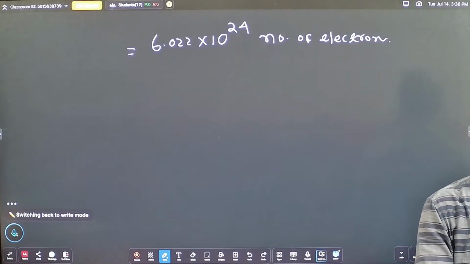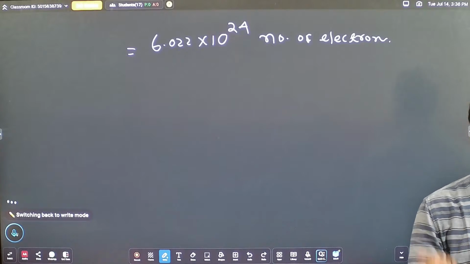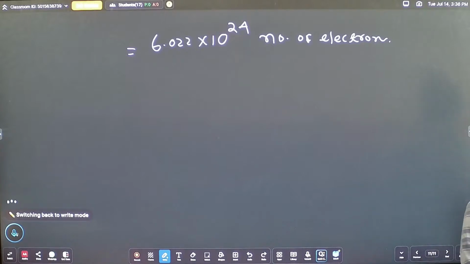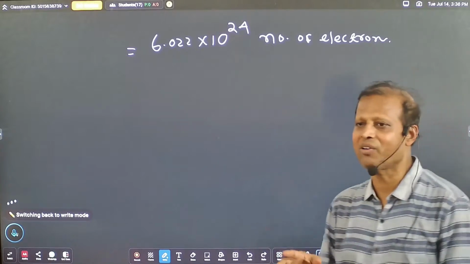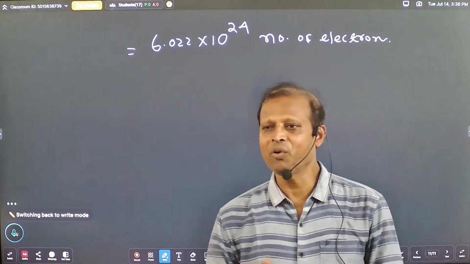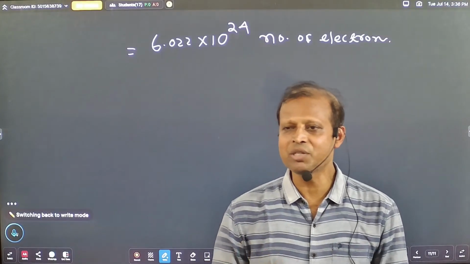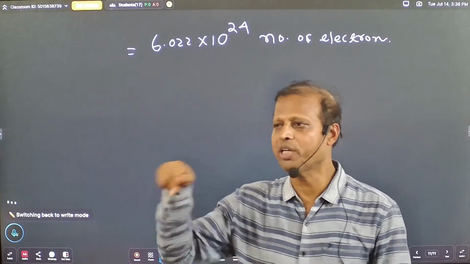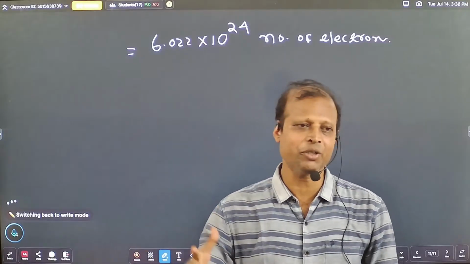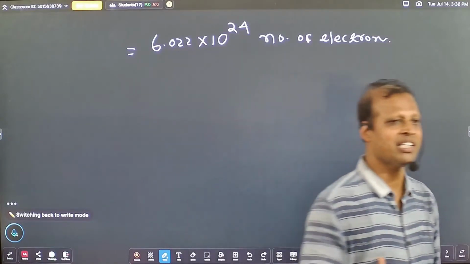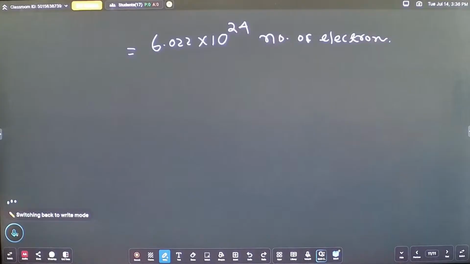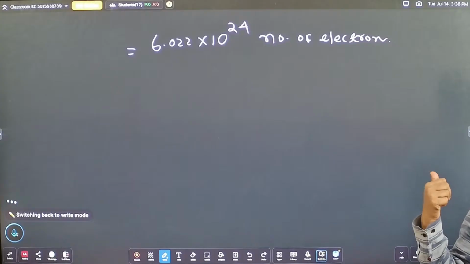So there are Na number of molecules and one molecule has 10 electrons, so the number of electrons present in 1 mole of methane equals Na into 10. That Na is 6.022 into 10 to the power 23, multiplied by 10 becomes 6.022 into 10 to the power 24. Understood?